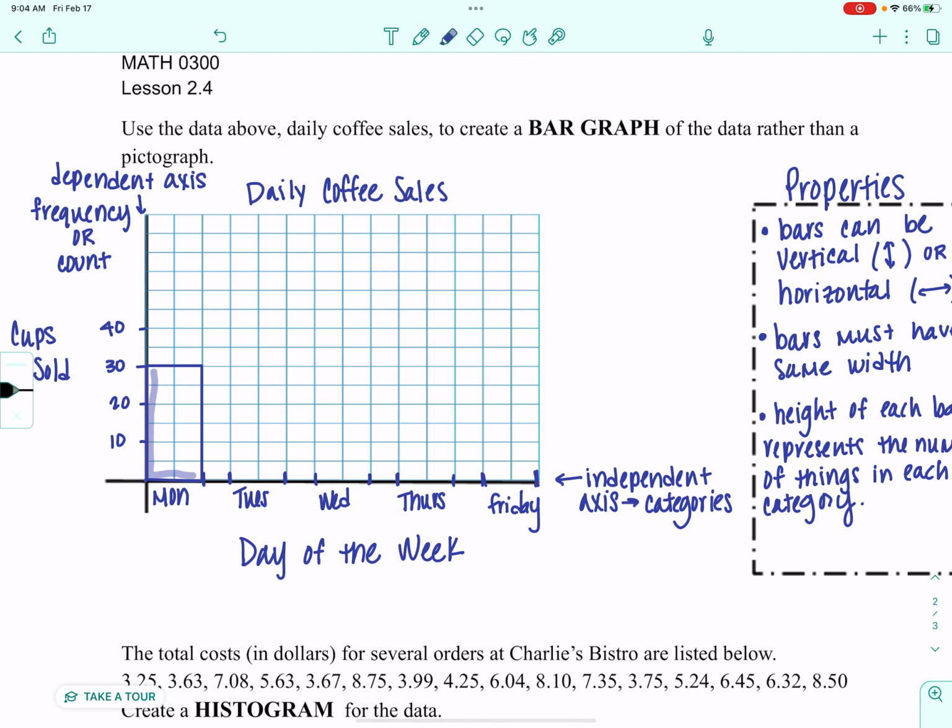And I'm going to shade it in. For Tuesday, he sold 20 cups. So when I go and do Tuesday, it's not going to be as tall as Monday.